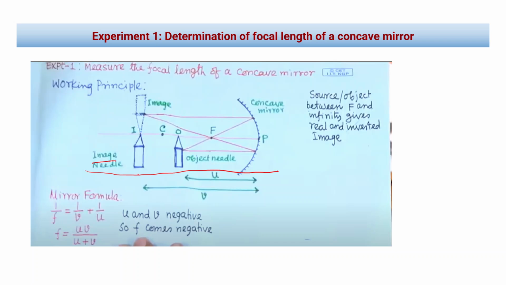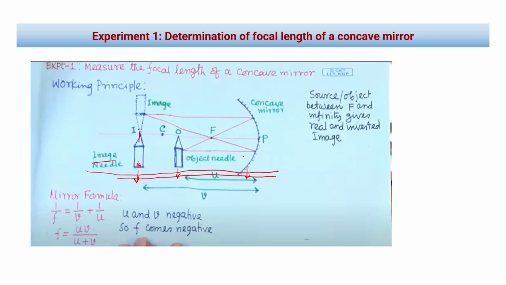When it matches, because on this bench we have a scale, we can find out the distance of the object needle from the pole. Similarly, if this matches with this, then I can say the distance of the image needle is the same as the image distance.